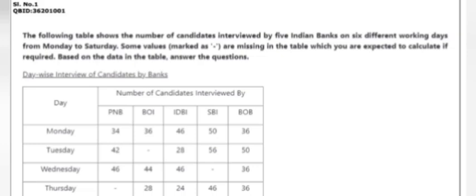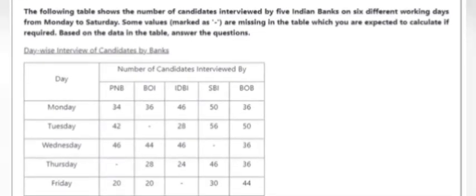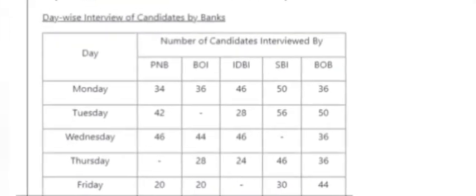The first question that we have got is, the following table shows the number of candidates interviewed by 5 Indian banks on 6 different working days from Monday to Saturday. Some values marked as a dash are missing in the table, which you are expected to calculate if required. Based on the data in the table, answer the questions.